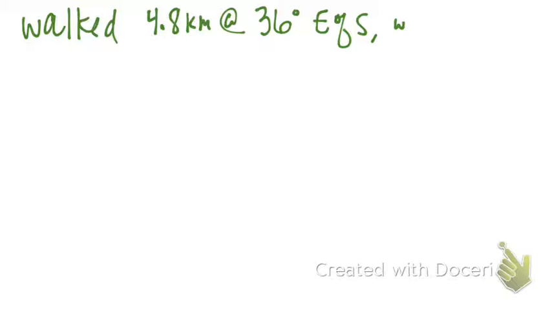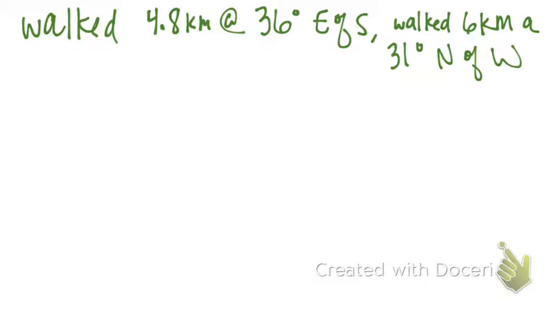Then they walked 6 kilometers at 31 degrees north of west. Right? So then we want to find out how far they are from where they started, their displacement.